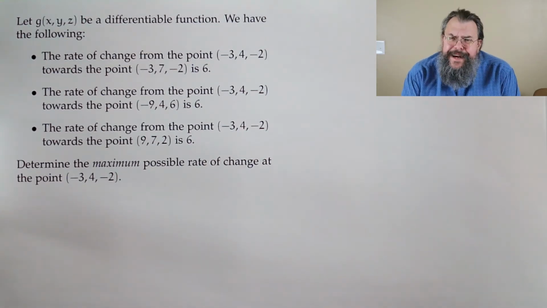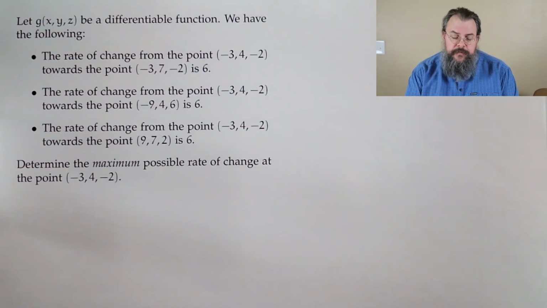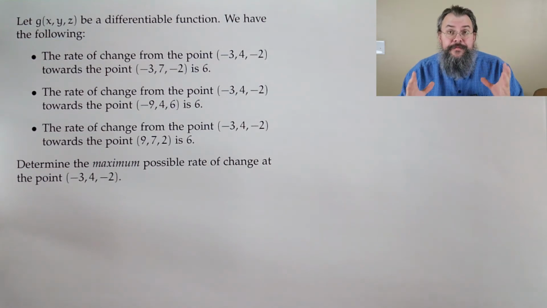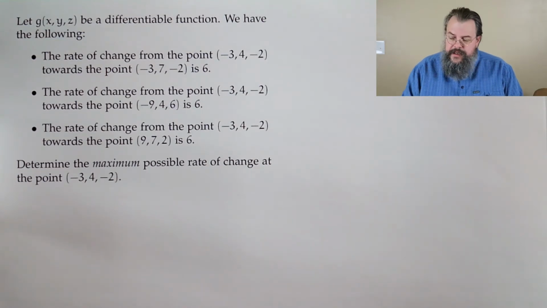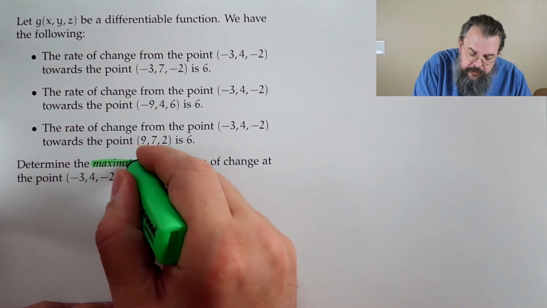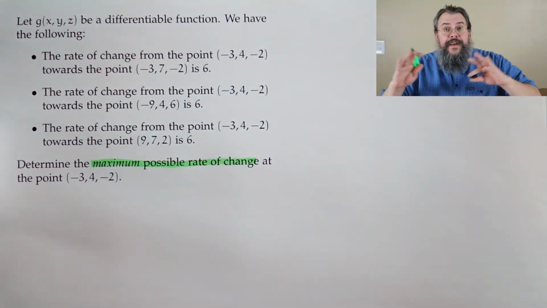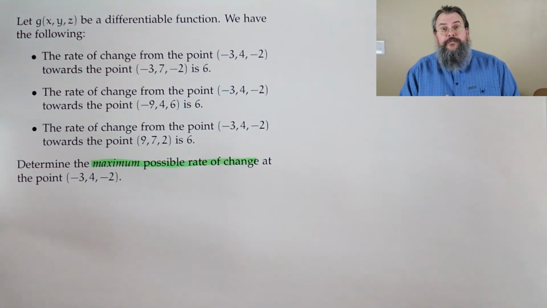All right. So how do we figure this out? What are some clues in this problem to figure out what's happening? Well, there's a big clue, and it's this phrase: maximum possible rate of change. That kind of gives away what we're looking for.